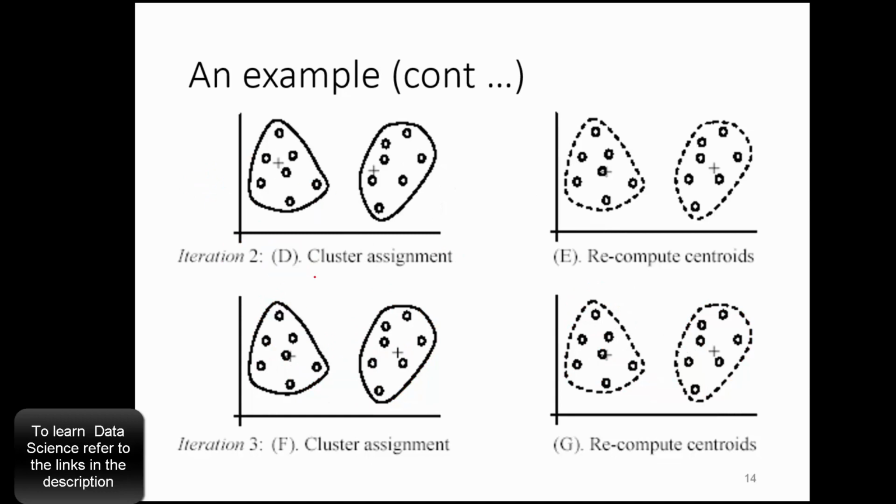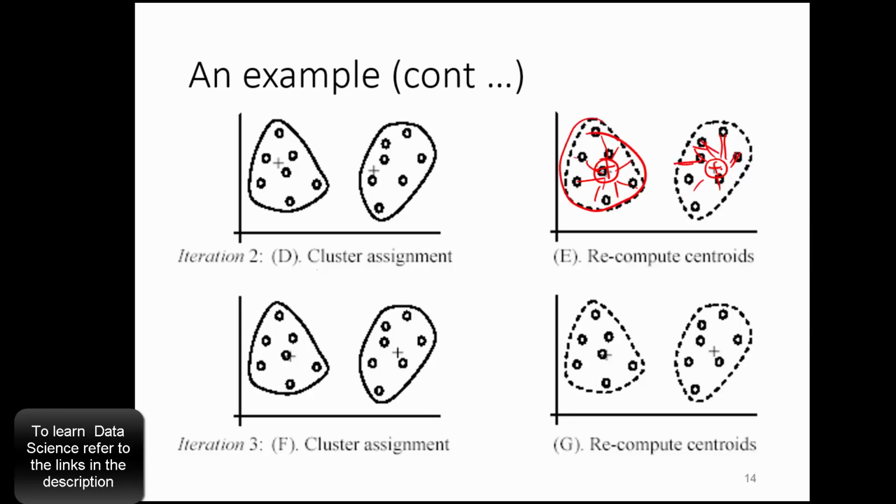Okay, in the next step you can see there's a clear difference. Then again the centroid will be calculated, and there isn't much change. The centroid is somewhere here, and the other centroid is again somewhere here. Then you calculate the distance of each point and try to regroup the data points in a cluster, right? Each of these data points is closer to this one, so this is one cluster.